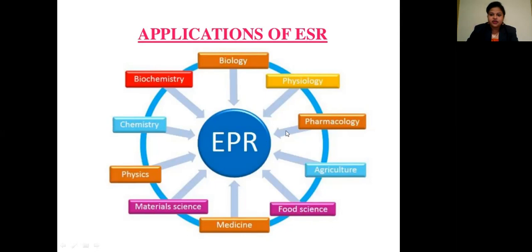Also, the pharmacology use this ESR spectroscopy. In the field of the agriculture, the ESR spectroscopy is used. In field of food science, in field of medicine, in field of the material science, in field of the physics, in branch of chemistry and the biochemistry, this ESR is highly applicable.